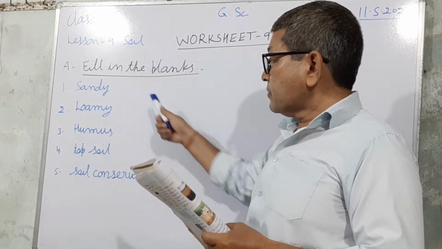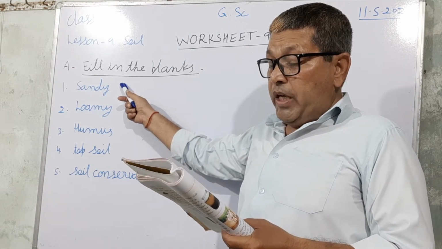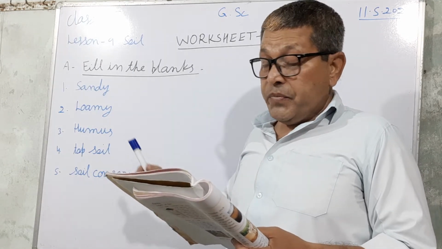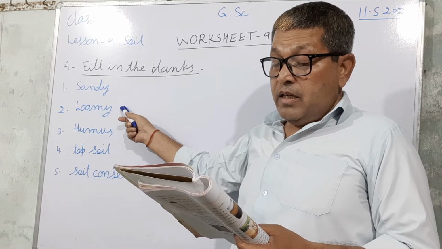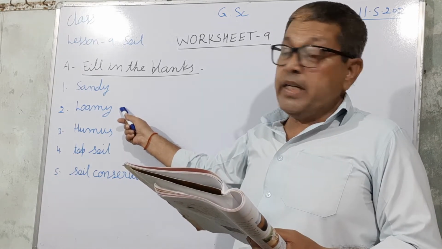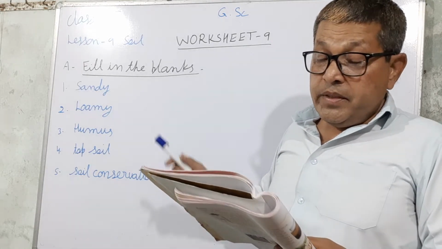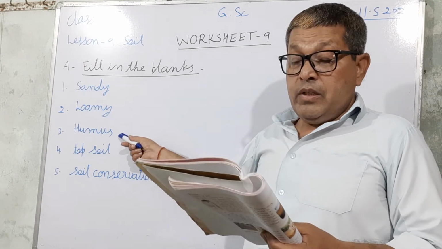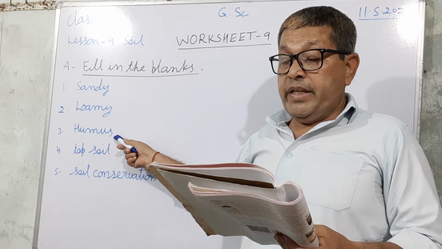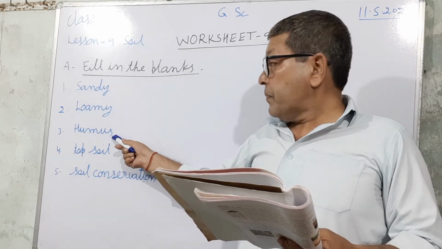So once again, fill in the blanks. First, sandy soil is found in desert areas. Second, loamy soil can hold enough water and enough air for plants. Third, humus is the remains of plants and animals present in the soil.